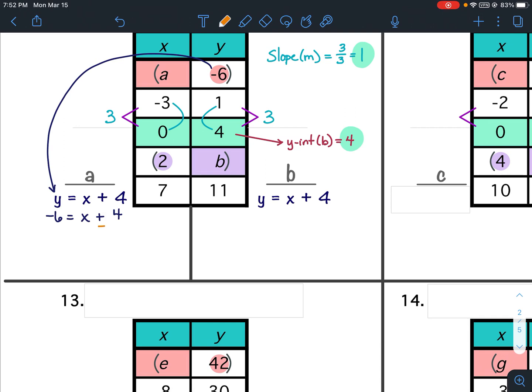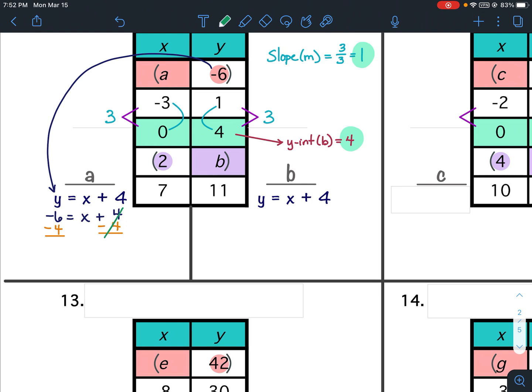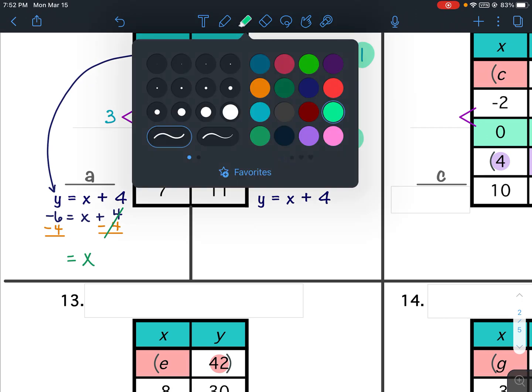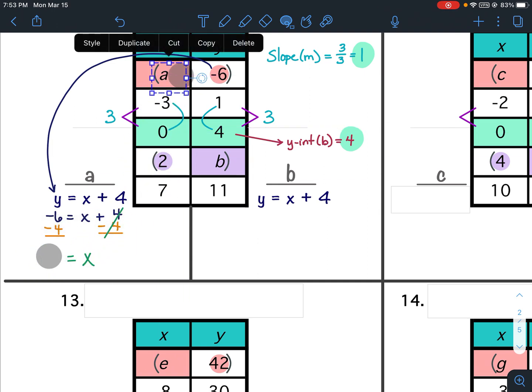We need to take the constant term to the other side by subtracting 4 from both sides. All right, so go ahead, finish that. Whatever you get there, write it up here beside the A.